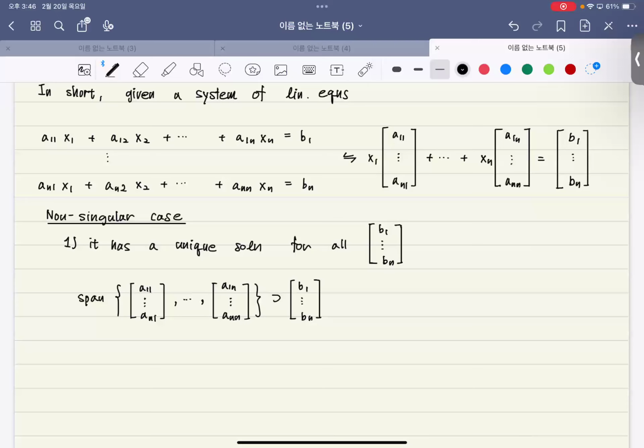Being independent means that the span of all these columns precisely forms the entire ambient space Rn. In this case, no matter which vector you choose from Rn, that guy should be achieved by linear combinations of these columns. That has to be the only possible explanation. Okay, this is the non-singular case. This is the most likely scenario.